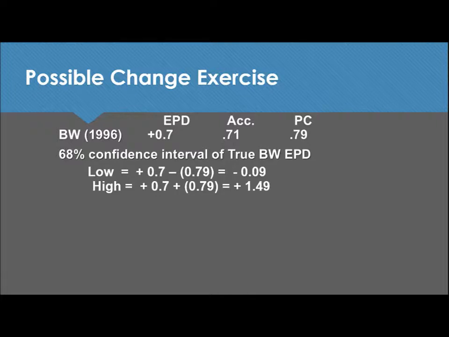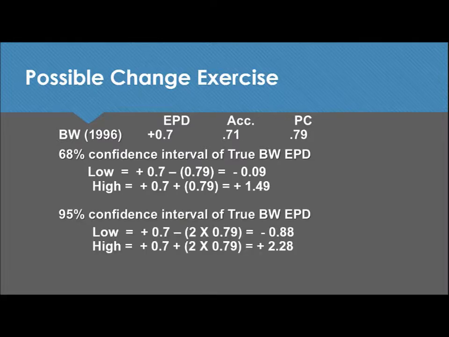So we're 68% confident that the true breeding value, or EPD, for this animal is going to fall between negative 0.09 and 1.49. So a pretty small range, right? About a little less than 2 pounds of change here. So that high accuracy shows us that there's not a lot of possible change that we would expect here.